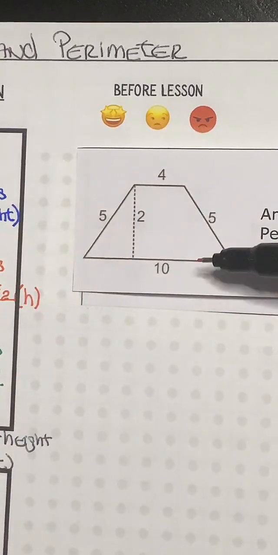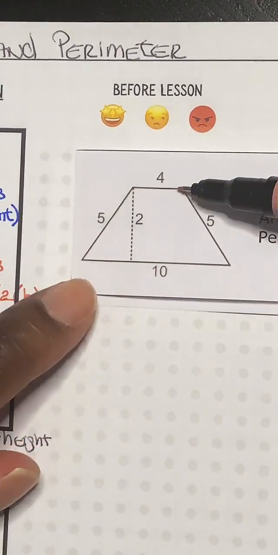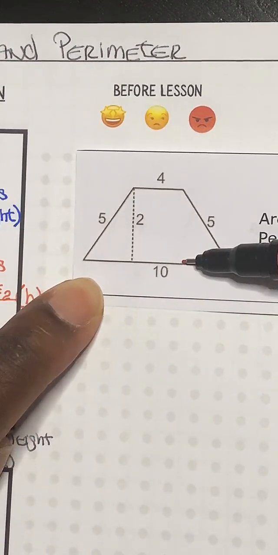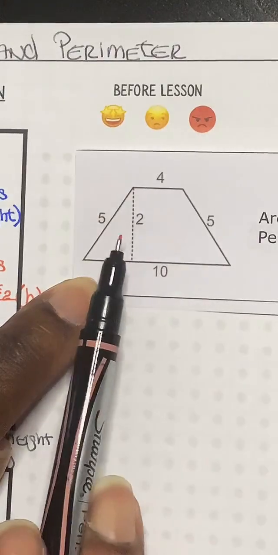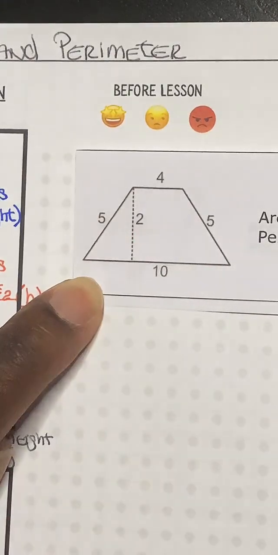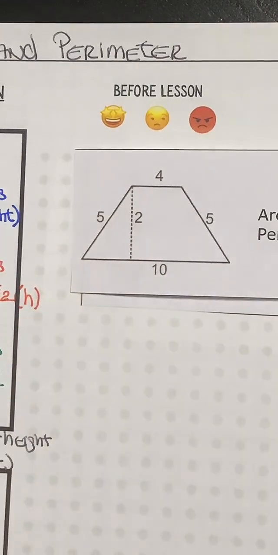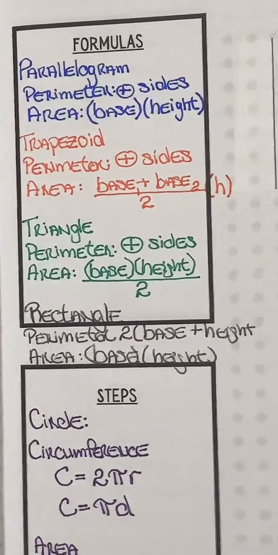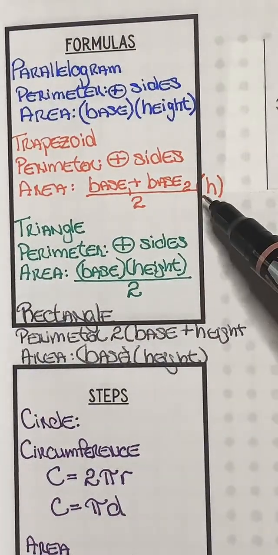The formula for a trapezoid is we add these 2 bases, divide by 2, and multiply by the height. So that's what we have here in orange.